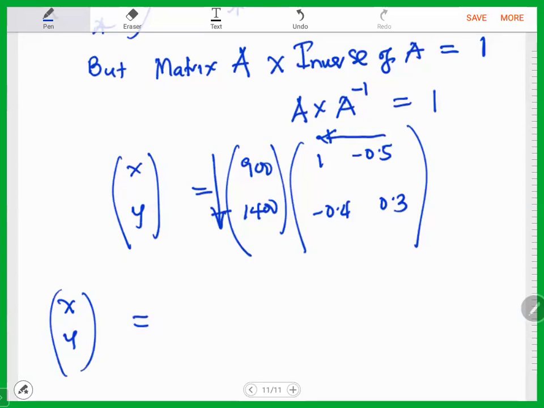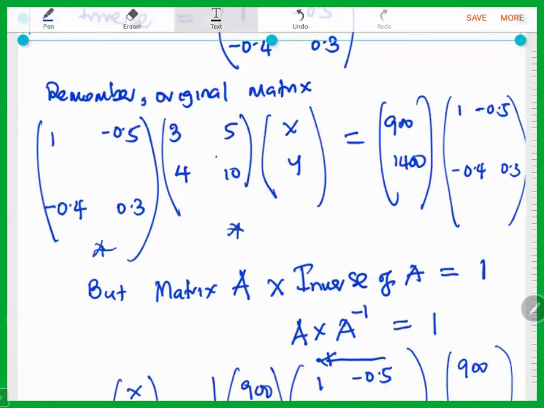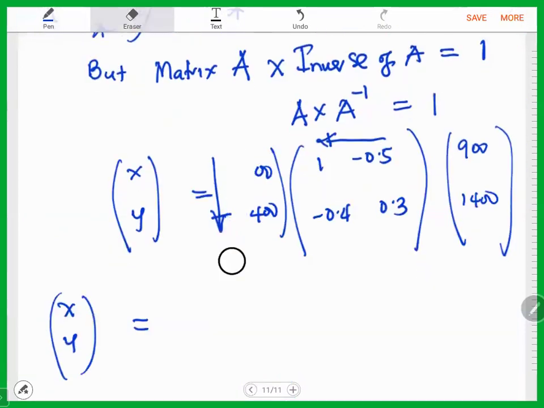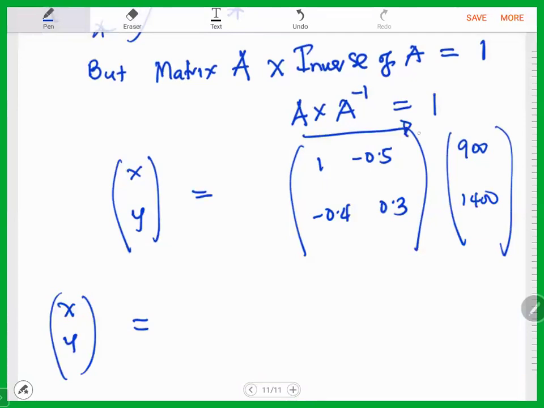Do you see that? Another person would have written it with the 900 and 1,400 first. It is a better tool. You have row by column.